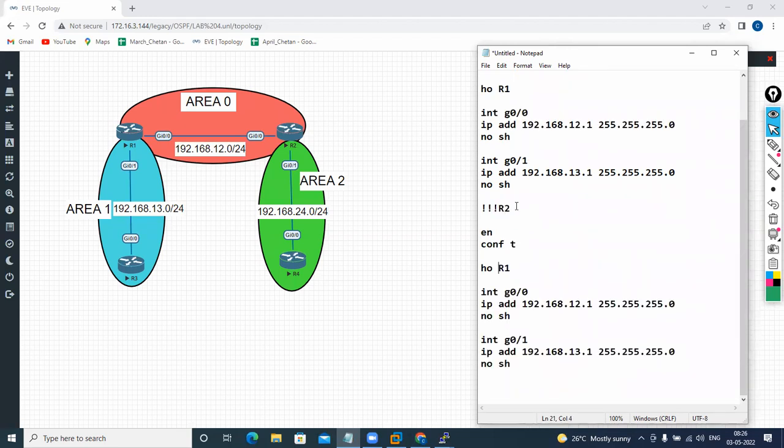On R2, interface Z0/0 will be 192.168.12.2 and Z0/1 will be 192.168.24.2.